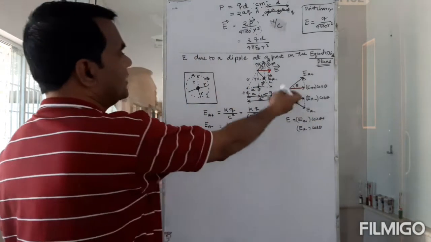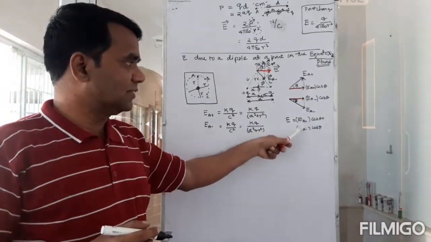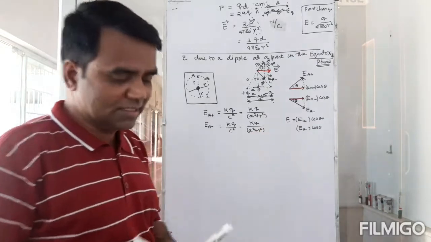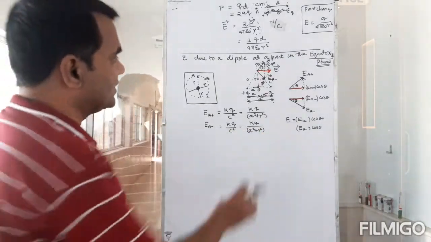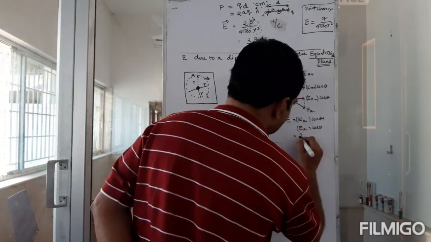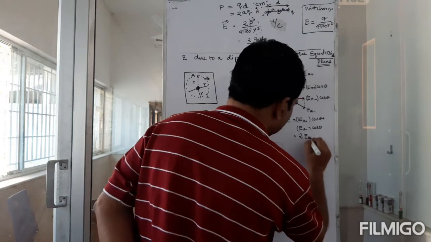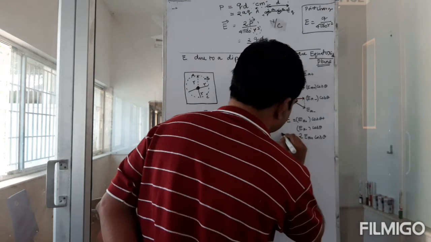Since E A plus and E A minus are the same, this would be the same number, just with a different name. Okay, so that's all there is to it. Since this magnitude and this magnitude are the same, I can write it as 2 EA plus cos theta. So that's my E.